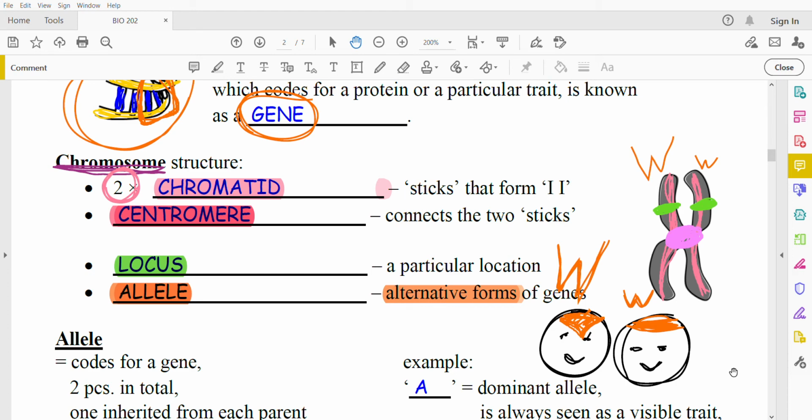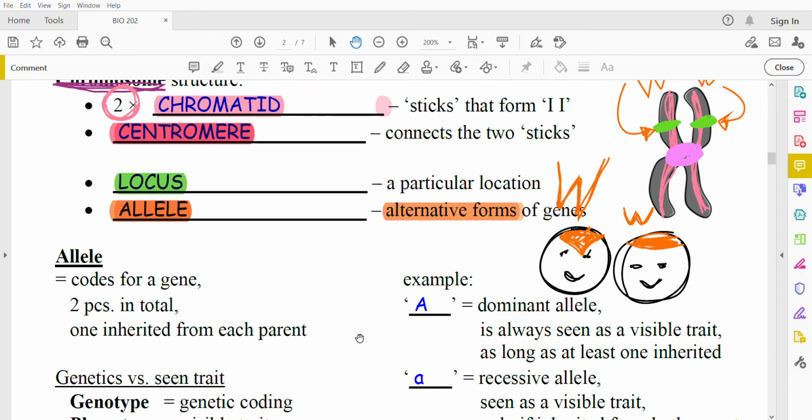So a single locus would hold these alternative forms of genes for a certain trait in each chromatid. And the important thing to note here is that these alleles don't have to be the same within one chromosome. We can have two different alleles within one chromosome, so a different allele on each chromatid.